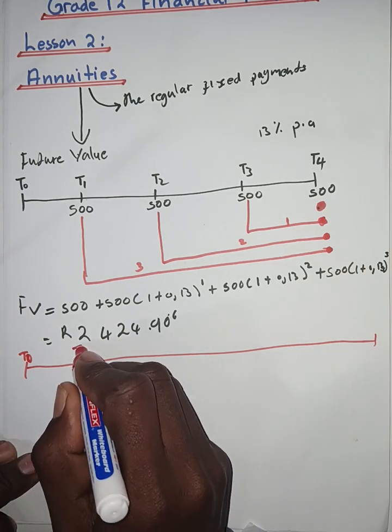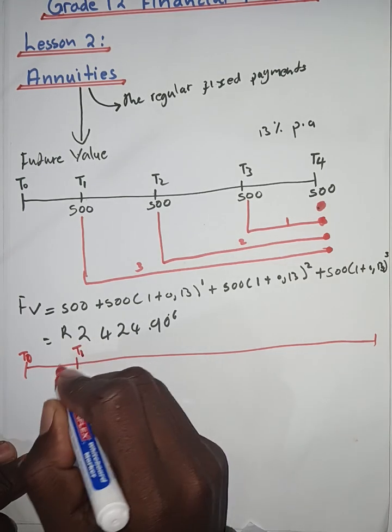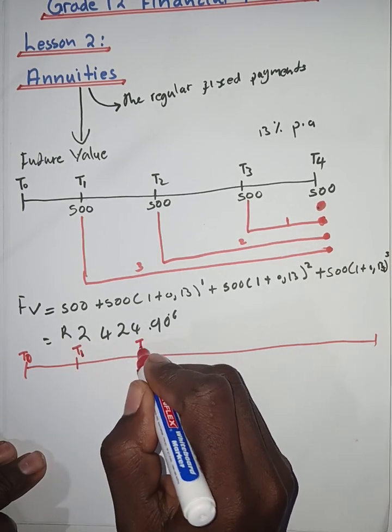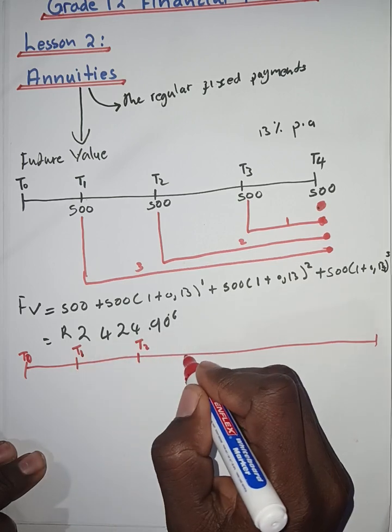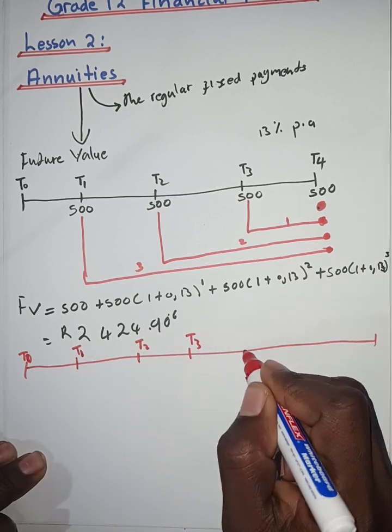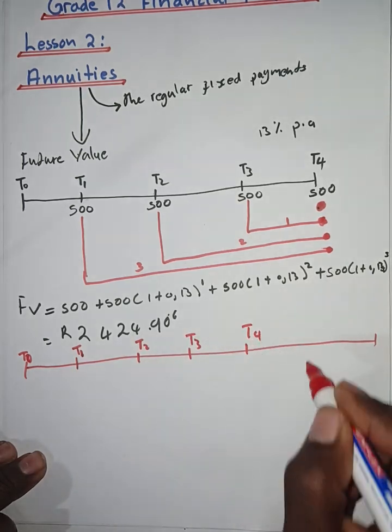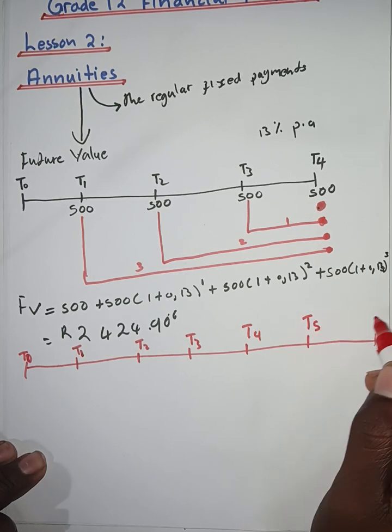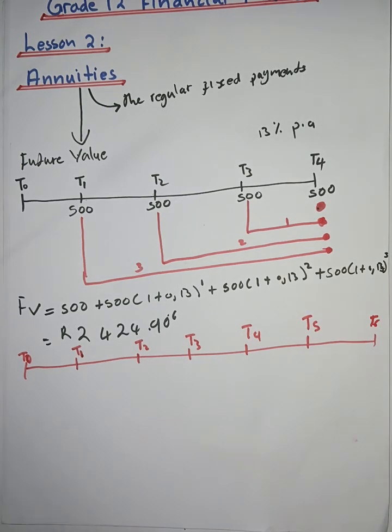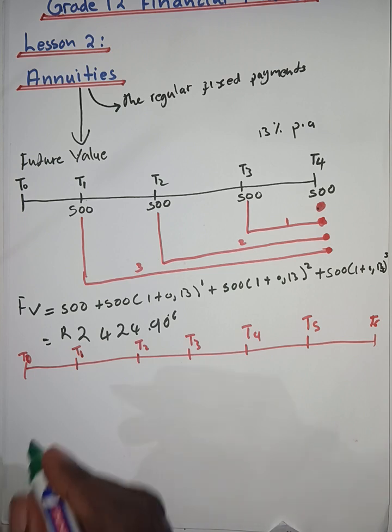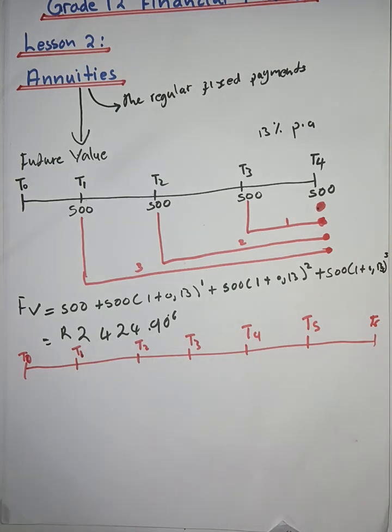So this would be T1 at the end of the first, this would be T2 at the end of the second, that would be T3, T4, and let's say T5, and let's just end at T6. Now suppose we make the first payment again at the end of the first year, rather. So at T1 is where we would actually make the first payment.